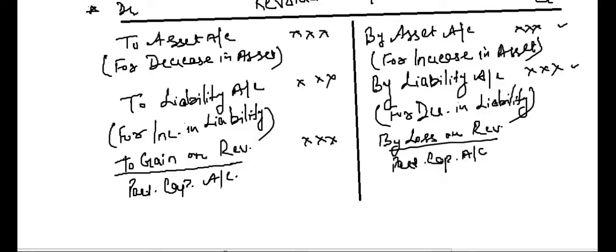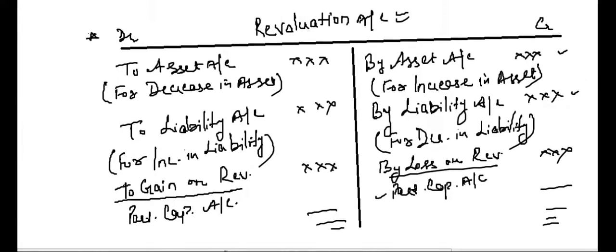In case of a gain, partners' capital accounts will be credited, and in the case of a loss, debited. So this is how you will prepare the revaluation account. If you are asked for journal entries, you can prepare this revaluation account in the working notes, and from there you can pass the journal entries.